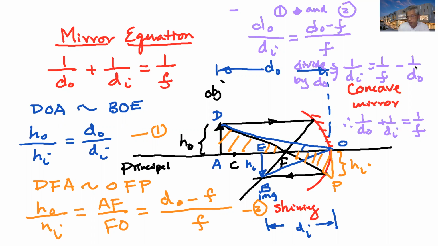Then you put this term back to the left-hand side. Now you have 1 over dO plus 1 over dI equal to 1 over F, which is the mirror equation. That's the equation that we'll be using a lot, not just in mirrors but also in lenses, and you should know how it was derived.